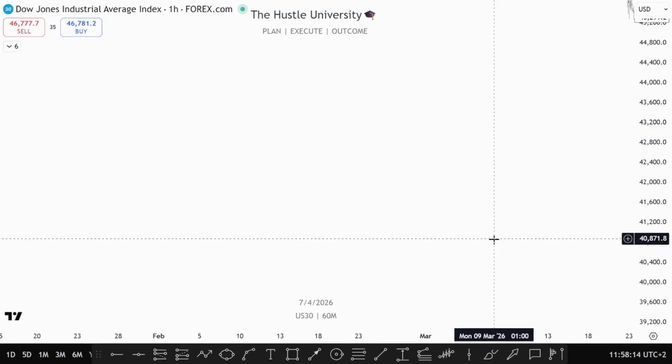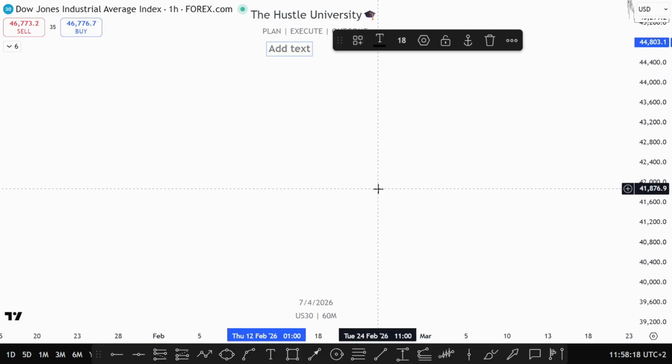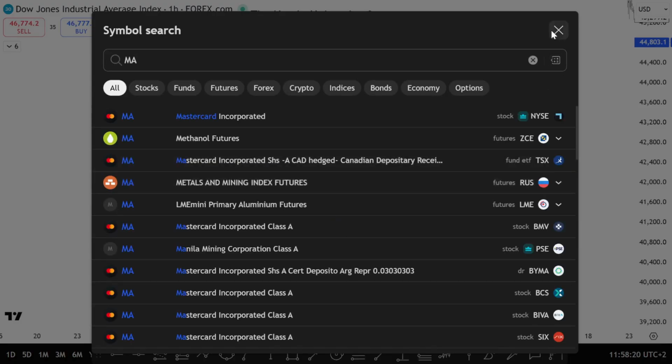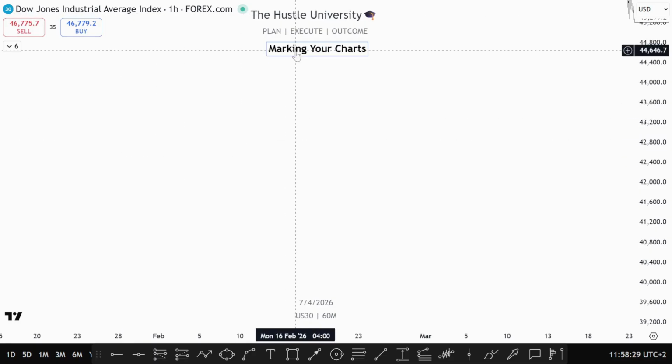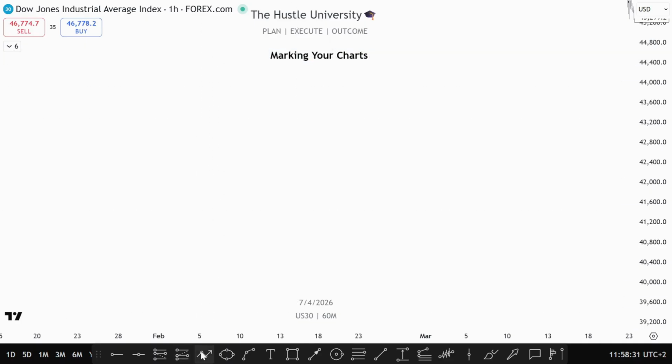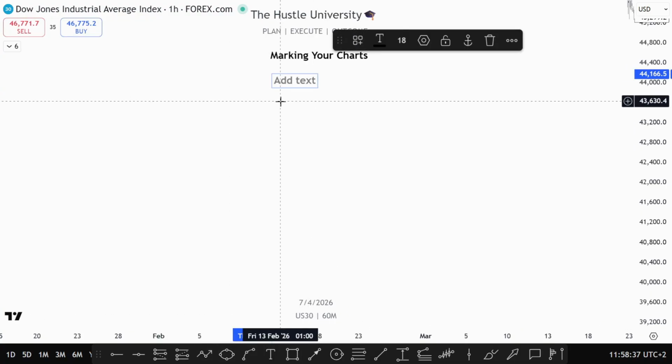So I'm gonna be talking a little bit more about marking your charts, right? So basically, we have different ways you can mark your charts. You can use support and resistance, the most common, right?